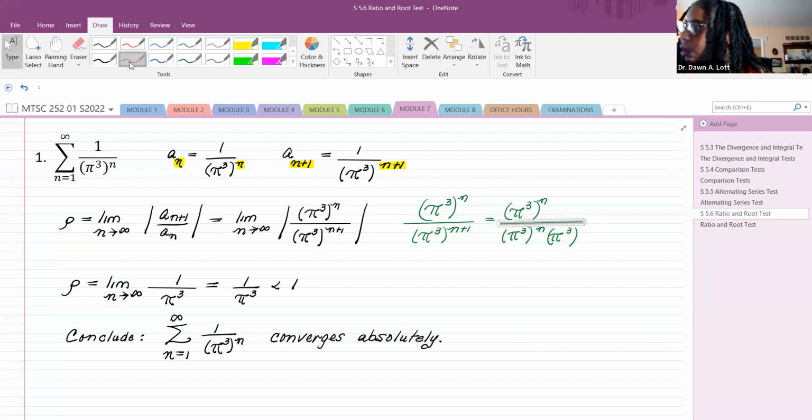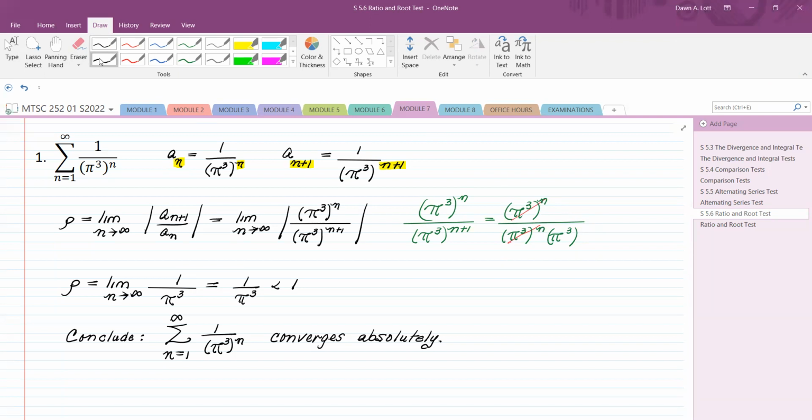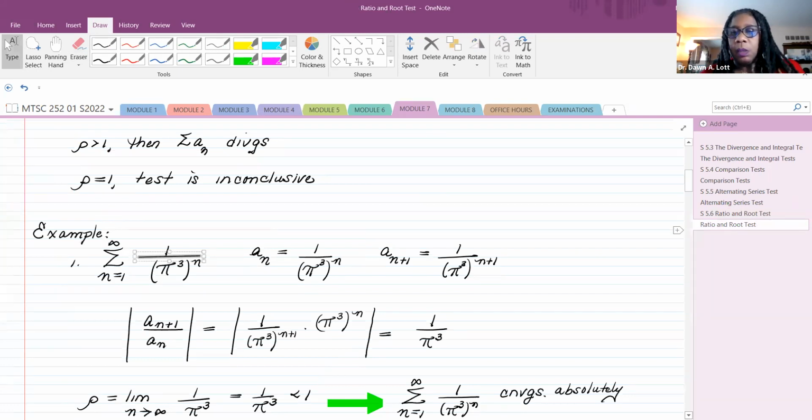So therefore, these are going to divide out. And that just leaves me 1 over pi cubed. Thank you. You're welcome. Okay, any questions about that? Okay.